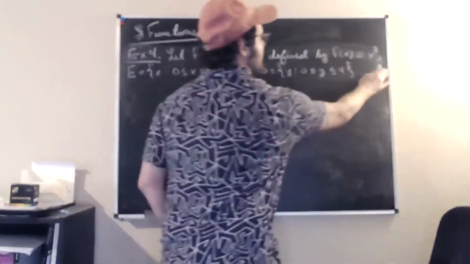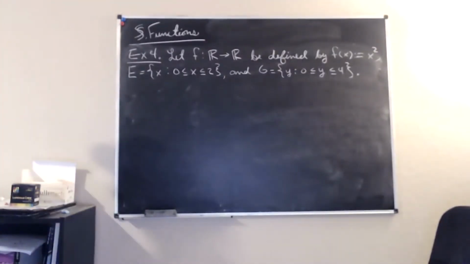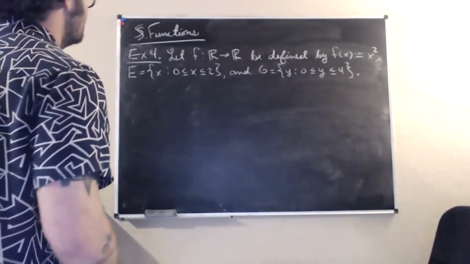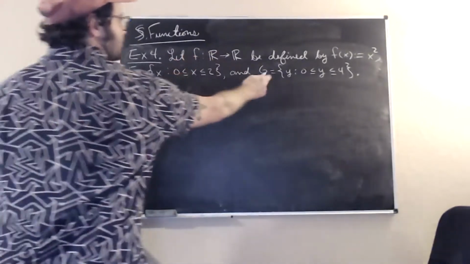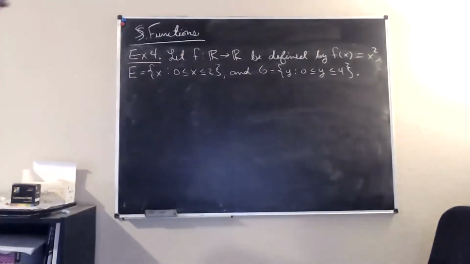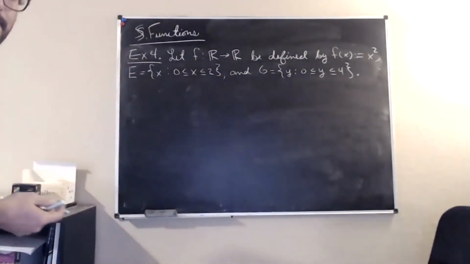Okay, so we're taking E to be in this set and G to be in that set. Just by the x and the y, it kind of implies it right now.